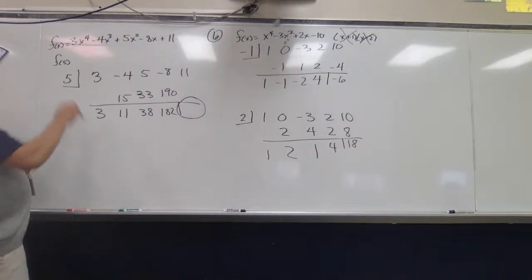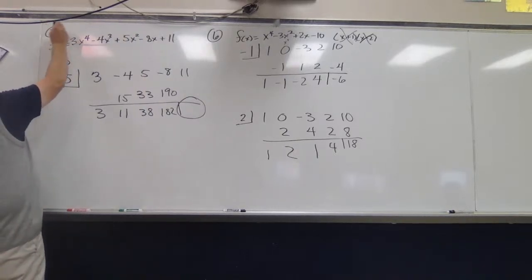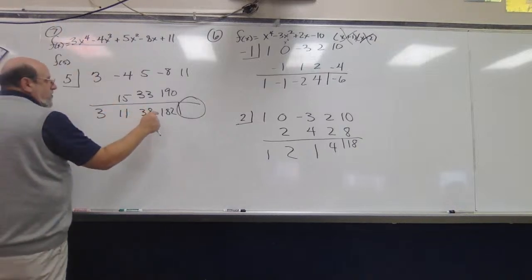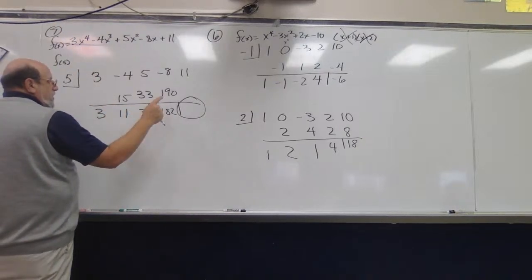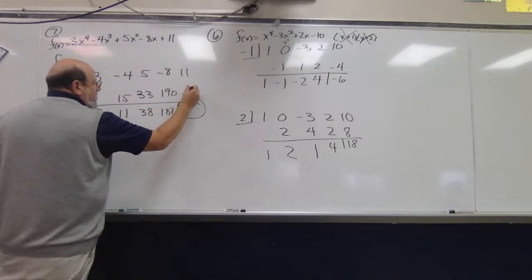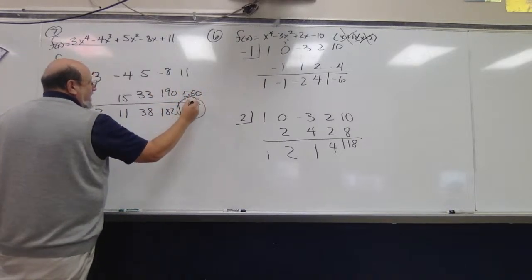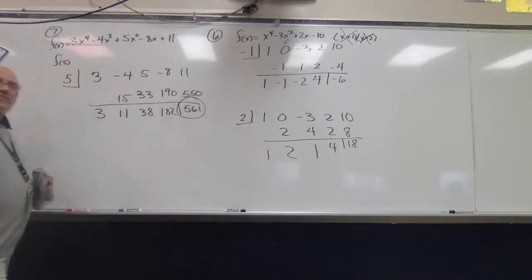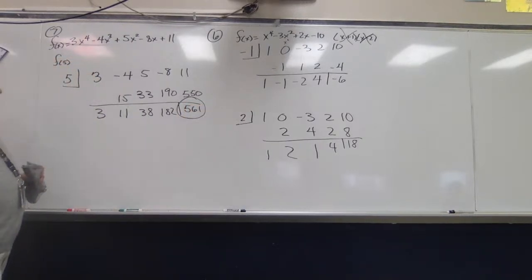All right, so 500 plus 40 plus 10, so 550. 5 times 182 is 910.